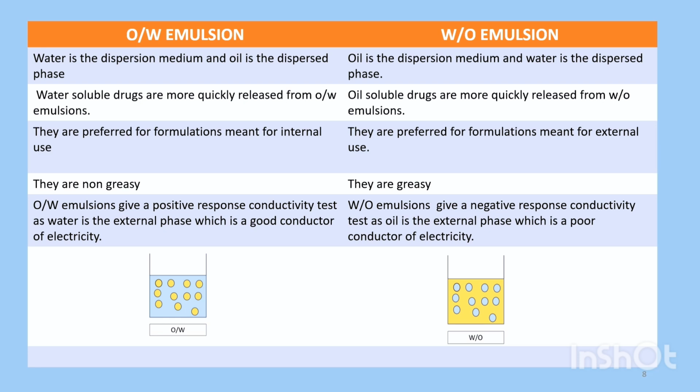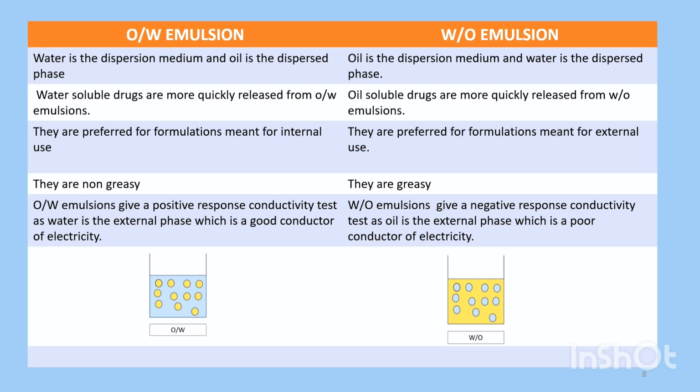That means the oil globules are dispersed onto the water phase. Whereas in water in oil emulsion, oil is the dispersion medium or continuous phase and the water globules are dispersed in the oil phase.